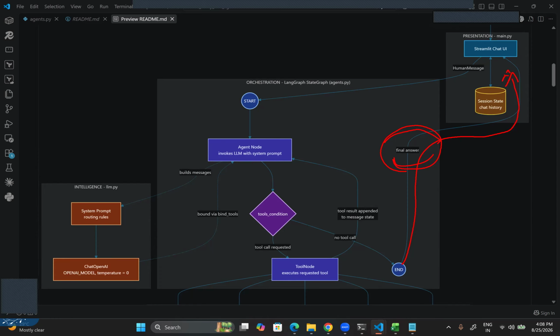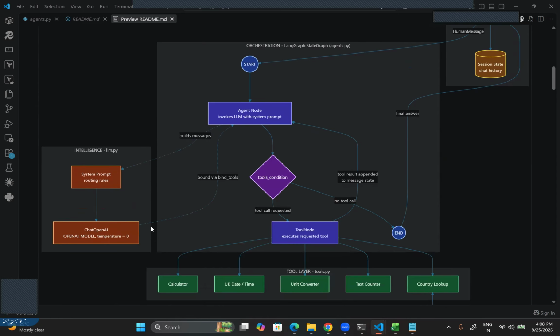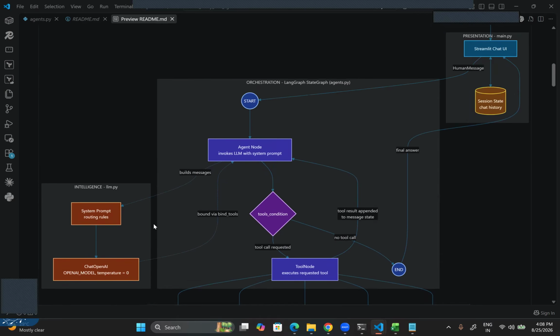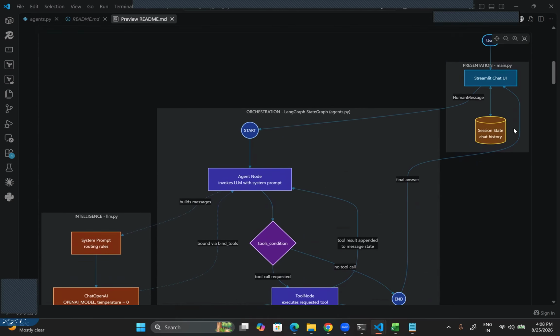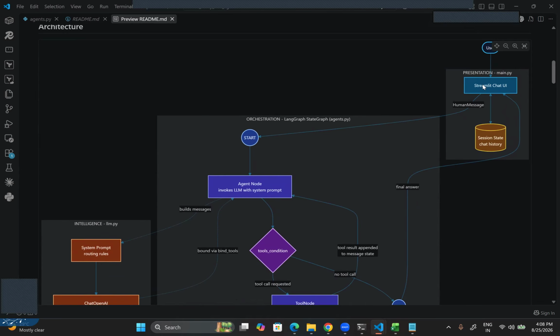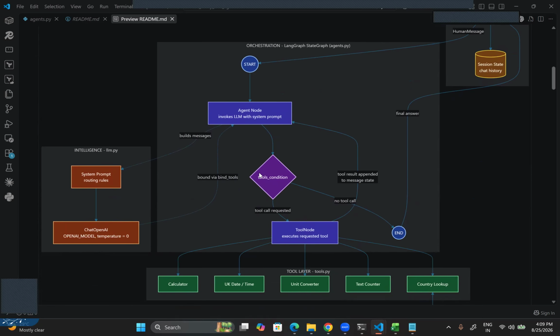So this was the high level architecture of this app. So in short, the user types into the Streamlit chat box, that becomes the human message sent to the graph at start, which invokes the LLM with a system prompt. If the model decides that it needs a tool, this tools underscore condition routes to the tool node, and then the tool runs the same plain Python functions.